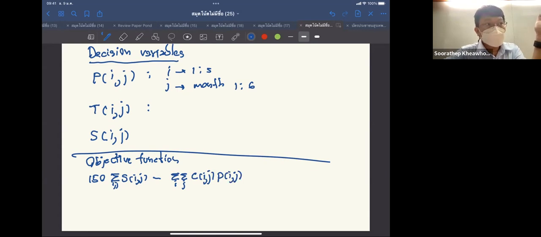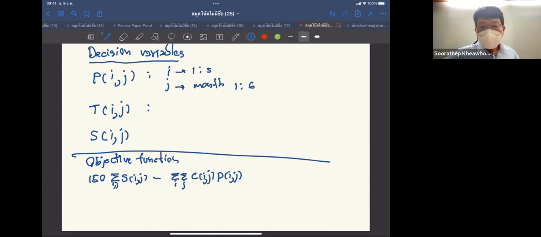C is the cost factor. Okay, and P is the amount of oil, right? So we have to multiply element-wise, not a matrix multiplication, but element by element. Okay, we have to multiply C11 with P11, right? Similar to what we did previously in the case of the assignment job.